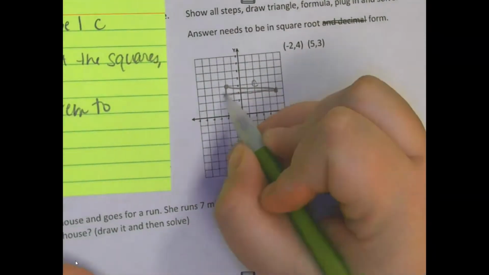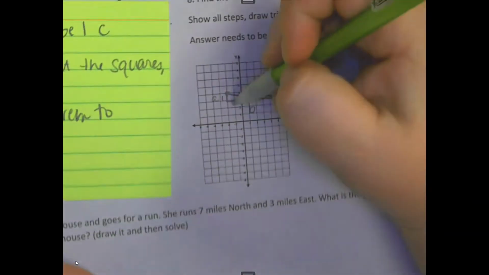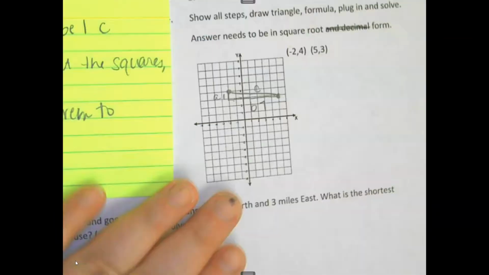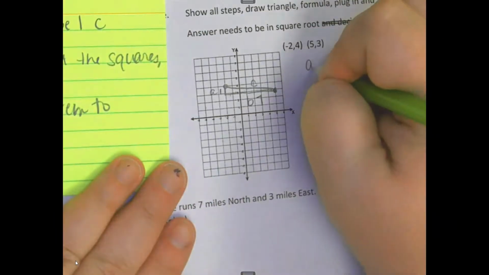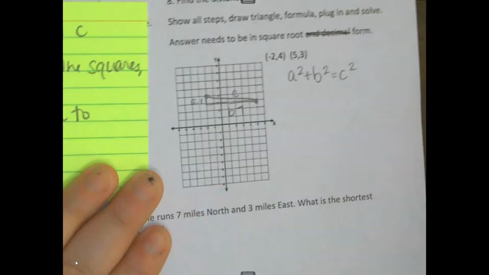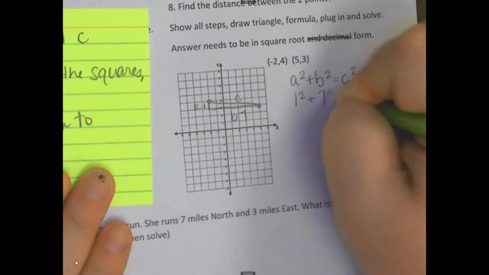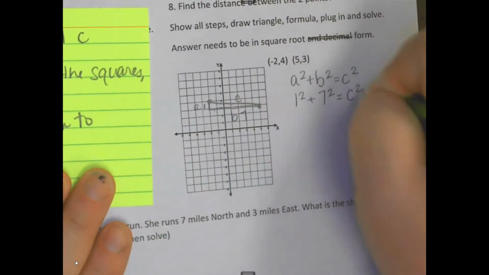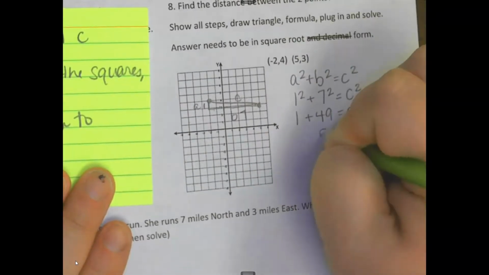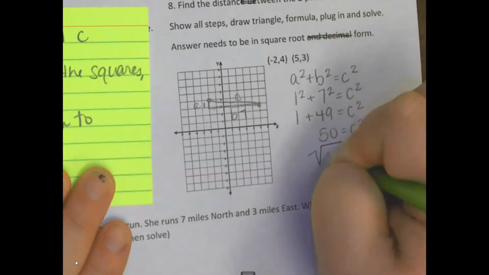That's a 1, and that's going to be my A. That's a B, and it's going to be 1, 2, 3, 4, 5, 6, 7. Use Pythagorean theorem. And I get square root of 50.